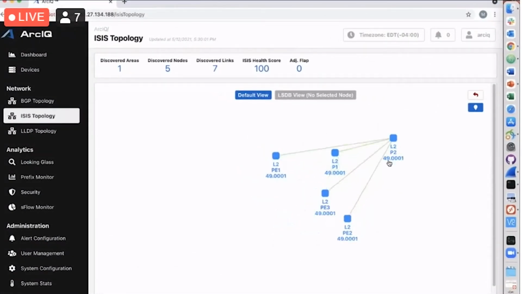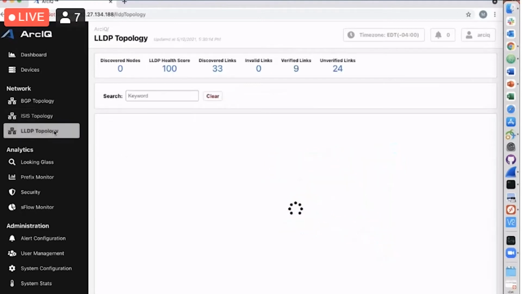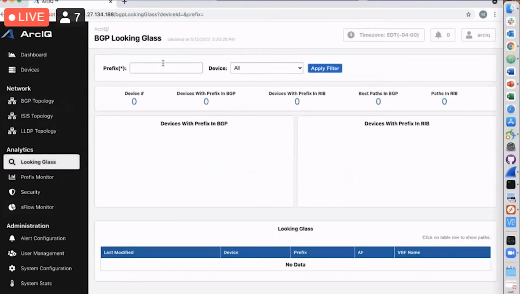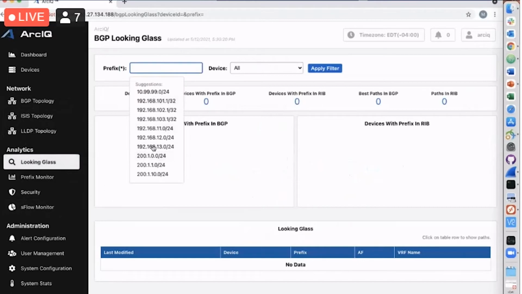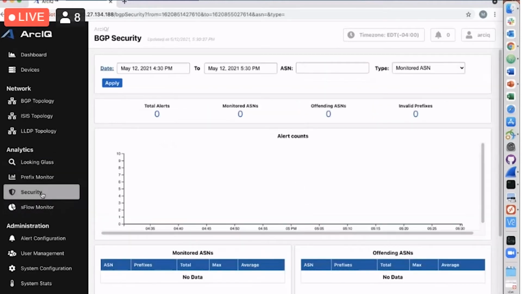All this, again, is not pre-populated. This all comes from real-time telemetry. We have LLDP topology and BGP topology as well. And again, you can see here that we have prefix looking glasses that can look at all these prefixes in the network and show the attributes, next hops. Security includes ROV, origin validation. But to answer your question, yeah, it's primarily visibility.